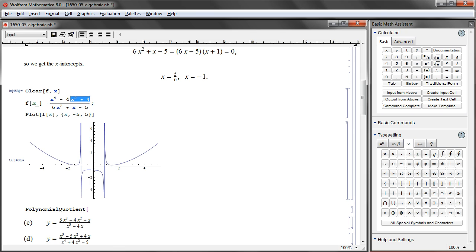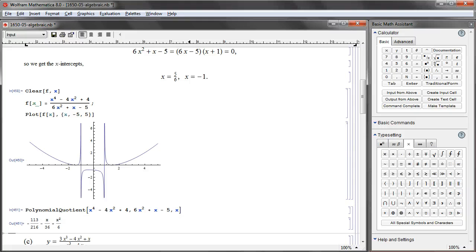If I divide numerator by denominator, this is my quotient, and then we'll have a remainder, and the remainder over denominator will go down to 0 anyway. So this quotient function, which is a quadratic function, will be the asymptote.